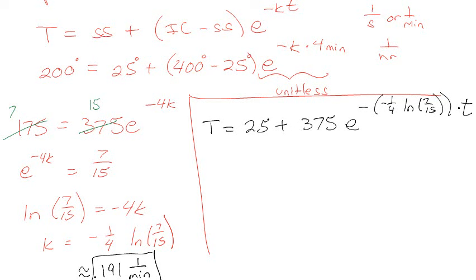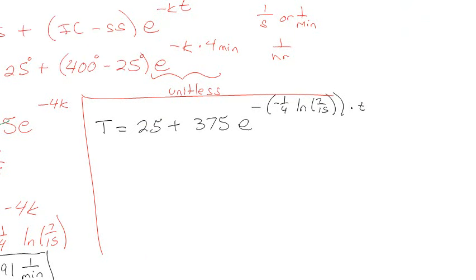Now I can do some math to make that a little bit prettier. So maybe I'll do that just because it's fun. I like doing math. Alright, so let's see. e to the natural log 7/15 is 7/15 to the, because it's times that, t over 4, like that.